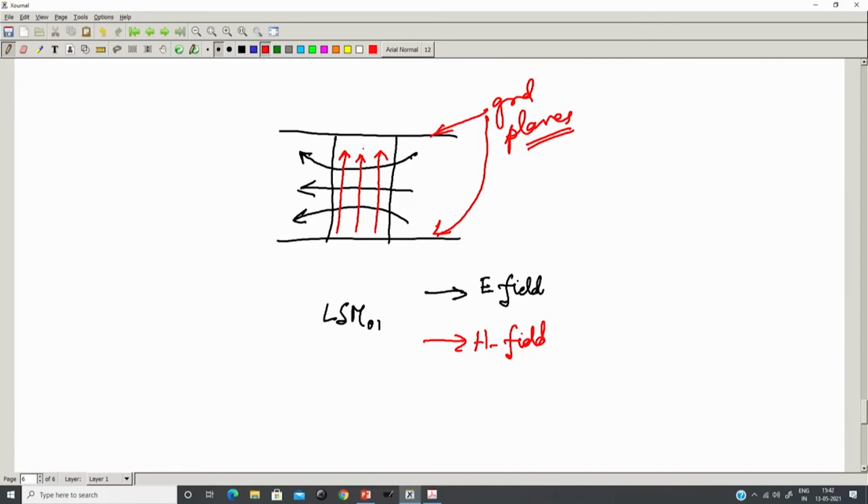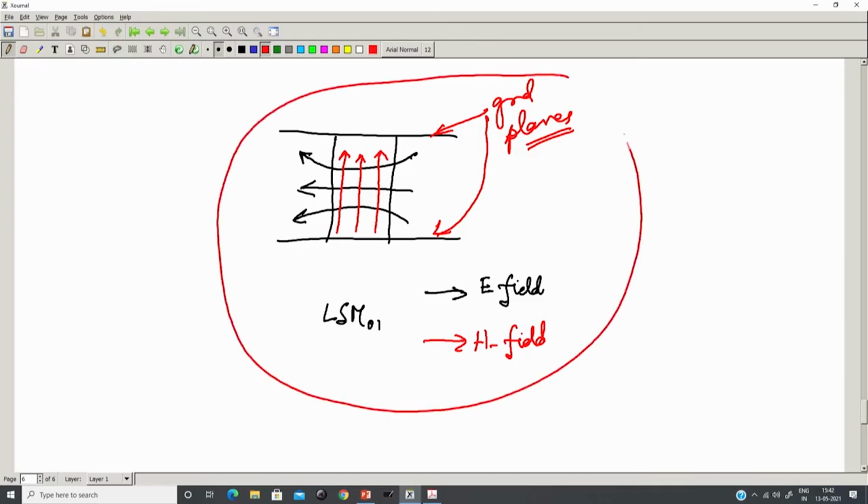So, this has to be understood from the perspective of the field profile of the LSM-01 mode.